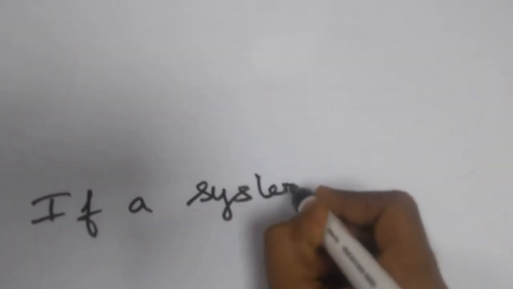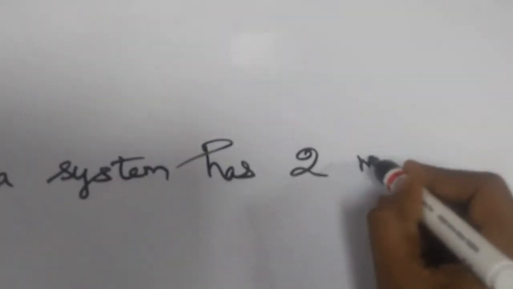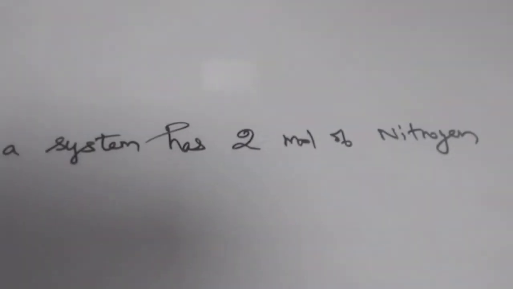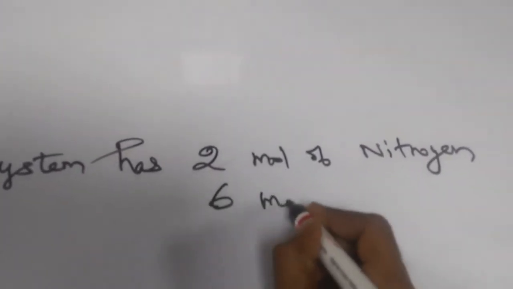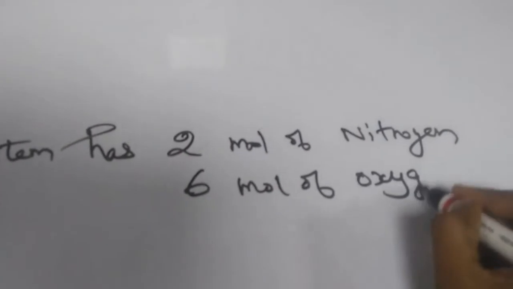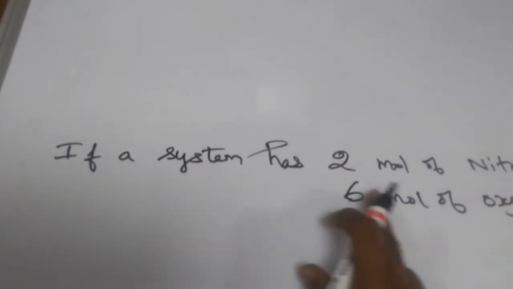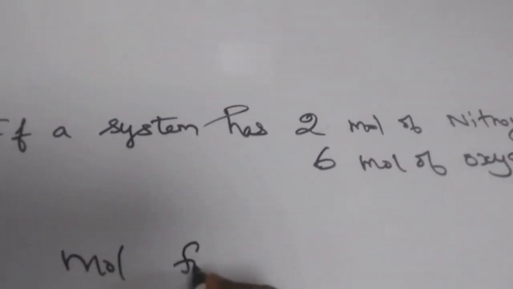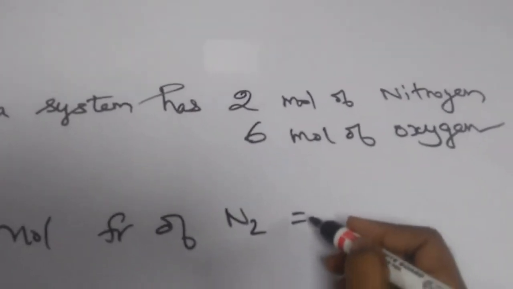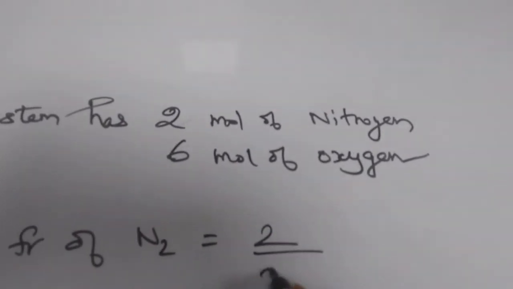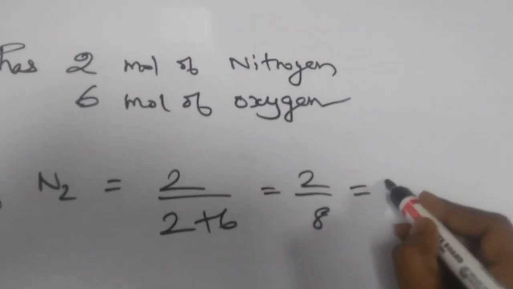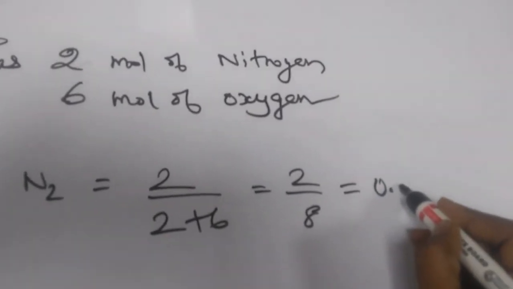If a system has 2 moles of nitrogen and 6 moles of oxygen, then mole fraction of nitrogen is 2 by 2 plus 6, which is equal to 2 by 8, which is 1 by 4, 0.25.